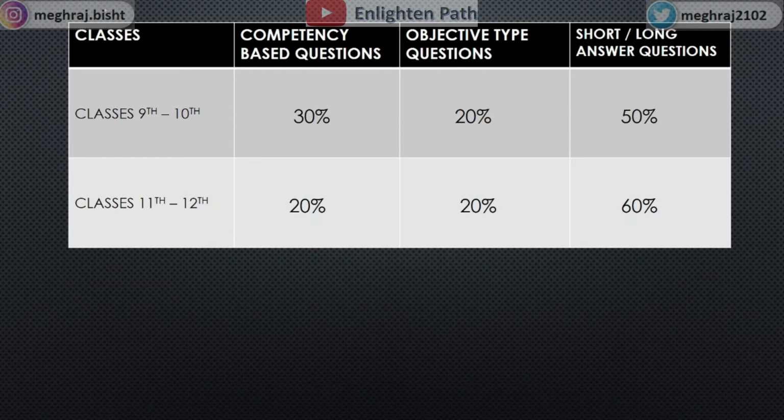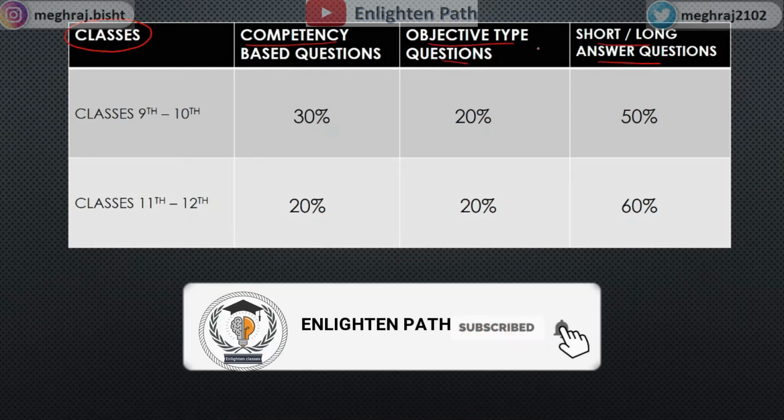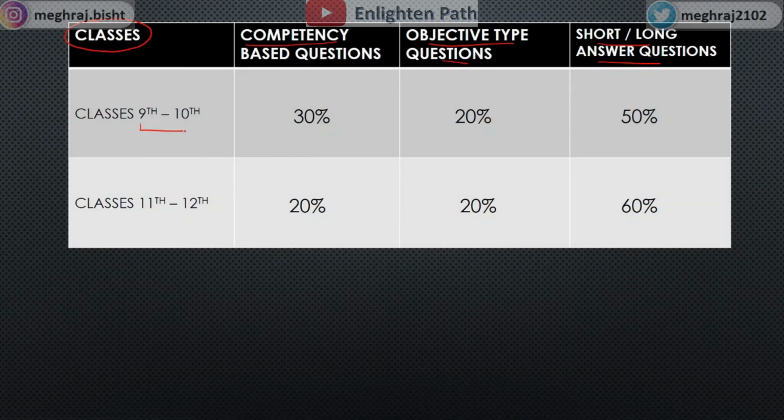Now this is the main highlight of the video and the information that the CBSE has told in the circular. I have prepared a table in which the first column is of classes, then the second is competency based question, objective type question, and the short and long answer type question. So for class 9th and 10th, the CBSE has introduced 30% competency based question, 20% objective type question, and 50% short and long answer type question.